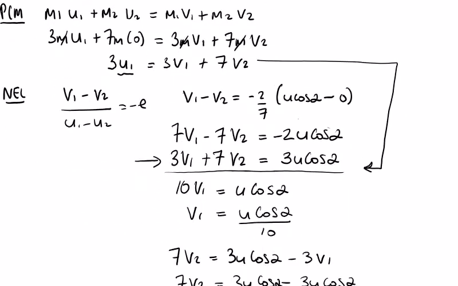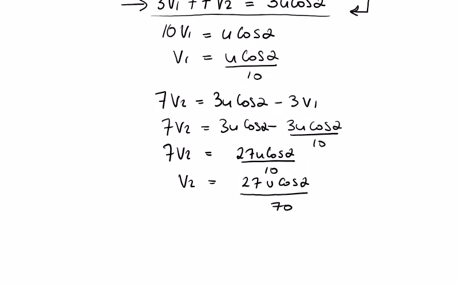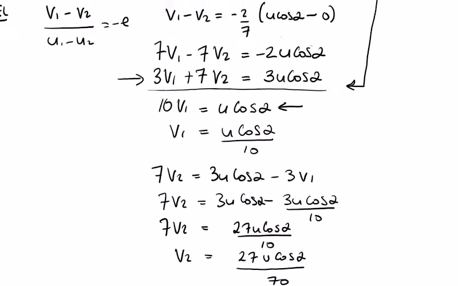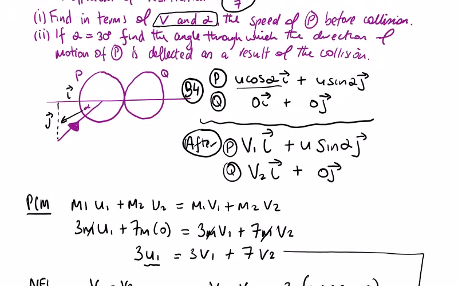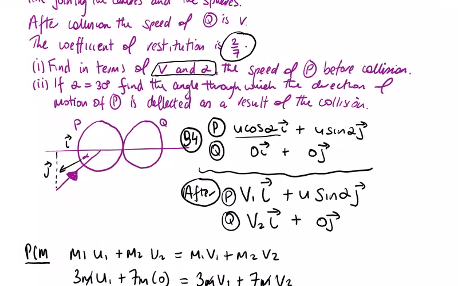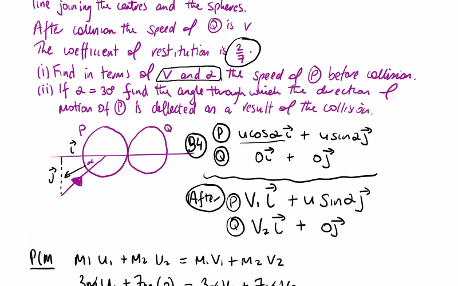So we need U. We read the question carefully: in terms of V and alpha, and we were told that V is the speed of Q, so that's my V2, so I actually need it in terms of V2.